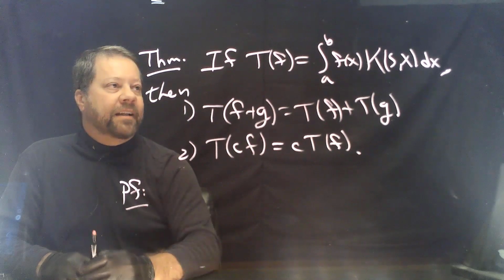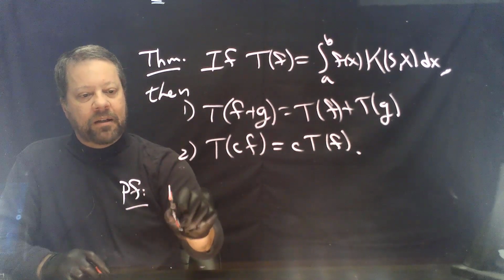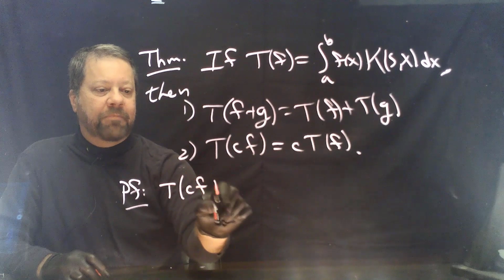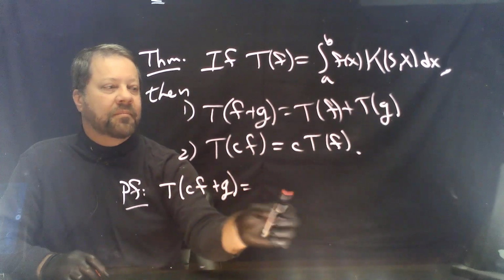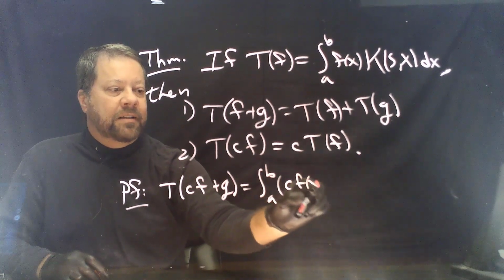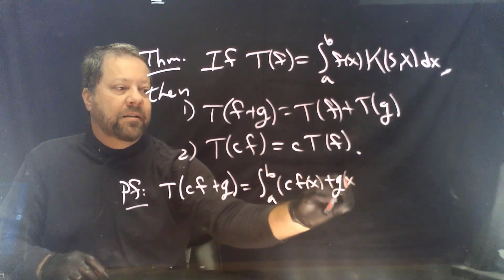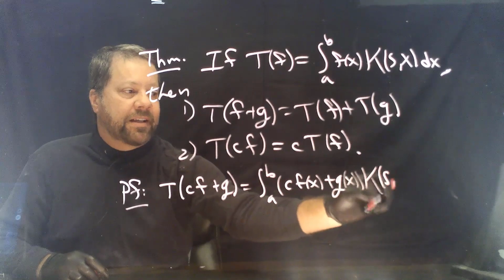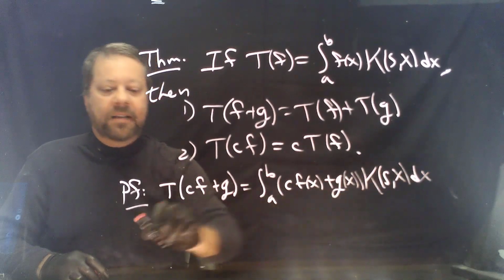We can prove that in one fell swoop by looking at t of cf plus g. And that's going to be the integral from a to b of cf of x plus g of x times k of sx dx.